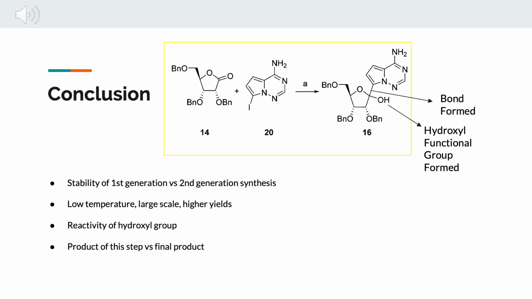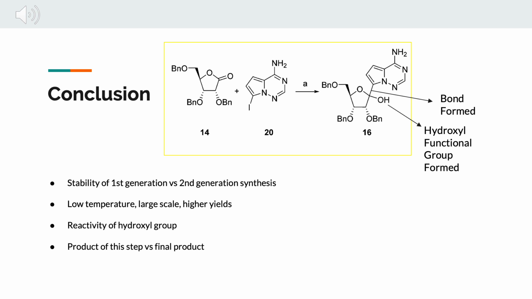In conclusion, this step of the mechanism creates a carbon-carbon bond between the 2 starting material molecules and leads to the formation of a hydroxyl functional group. This is important because in the very next step in the mechanism, this hydroxyl functional group is substituted with a nitrile group. Ultimately, this whole molecule serves as a leaving group in the final product and doesn't show up in the final product.